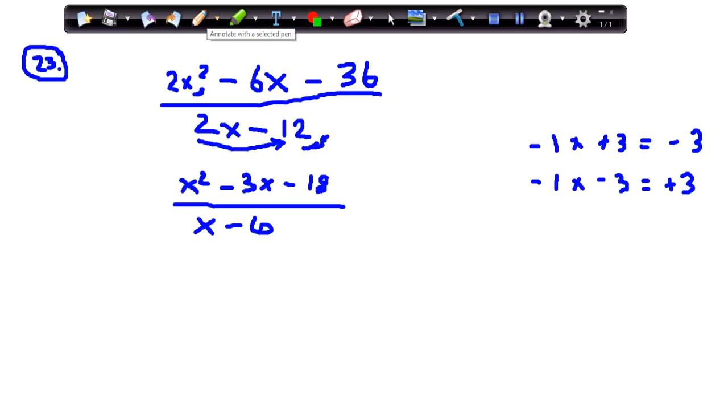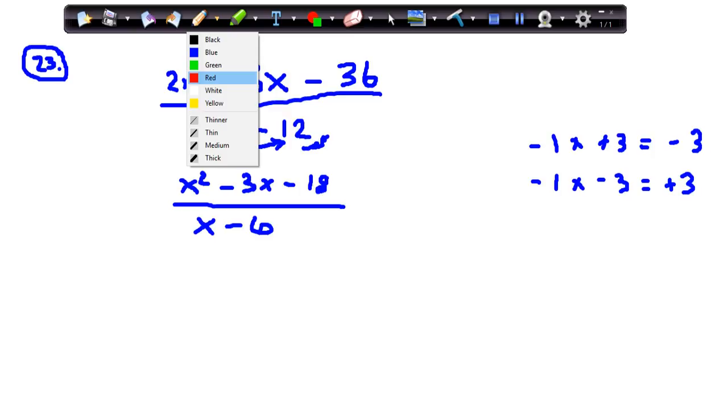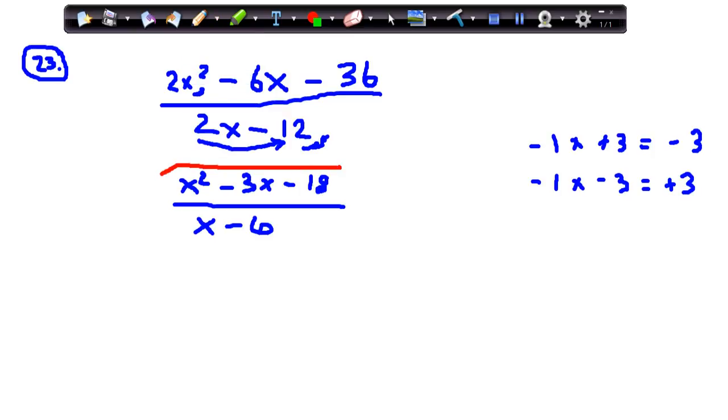Let me show you where we are. This is the problem now, the way it looks. That's what we're working with: x squared minus 3x minus 18 divided by x minus 6.